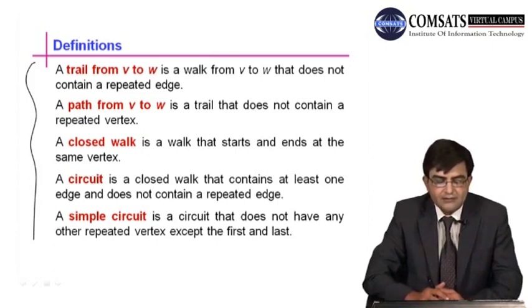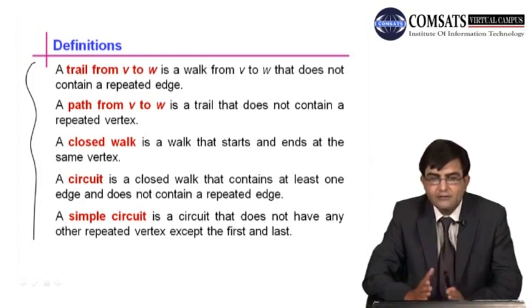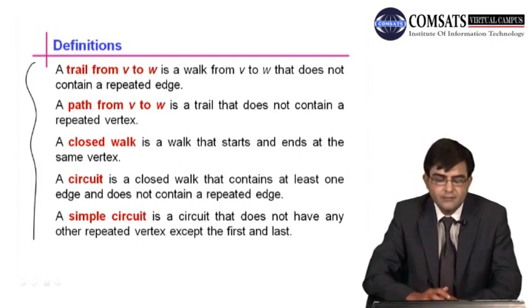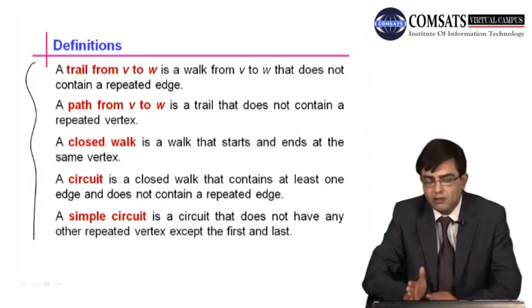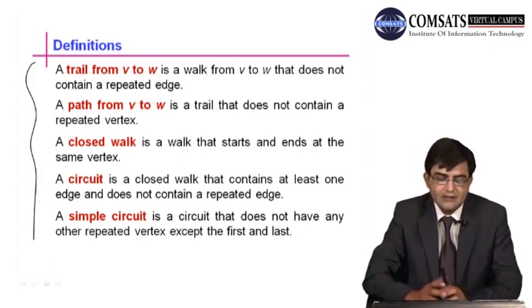The next is a path. A path from V to W is a trial. Now we have a sub-definition of trial which is called a path. A trial is also a walk, so this is another particular walk also.